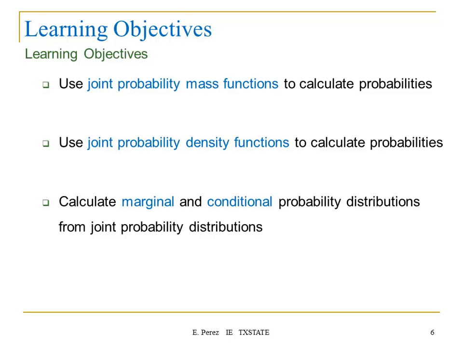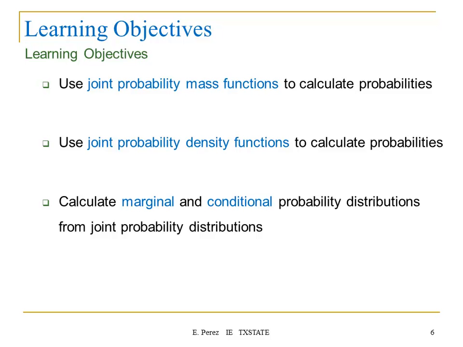Is it one for discrete and one for continuous? That's correct. And which one is for continuous? Density functions, correct? So when we refer to probability mass functions, we are talking about discrete random variables, the ones that you can count. When we talk about probability density functions, we are talking about continuous random variables.